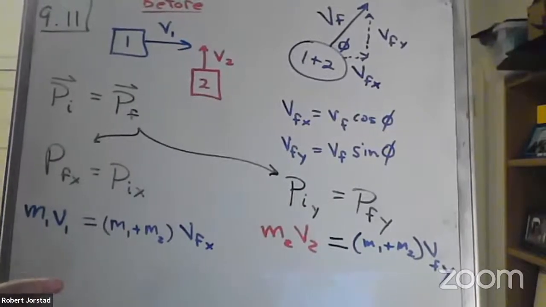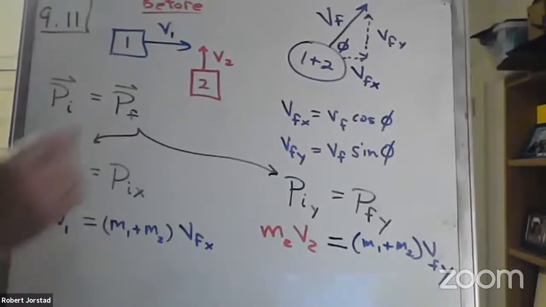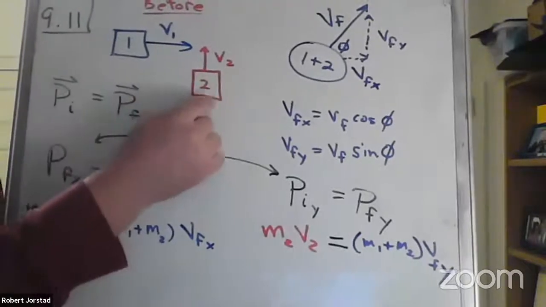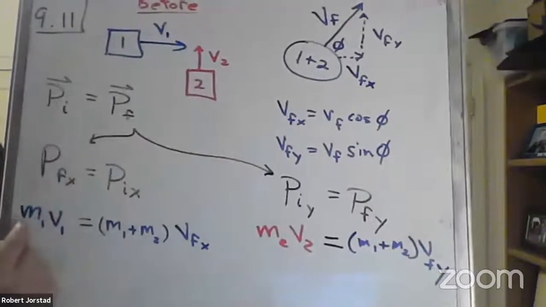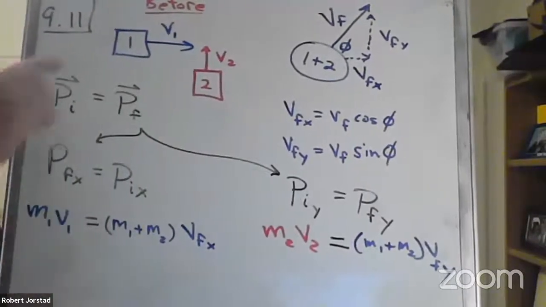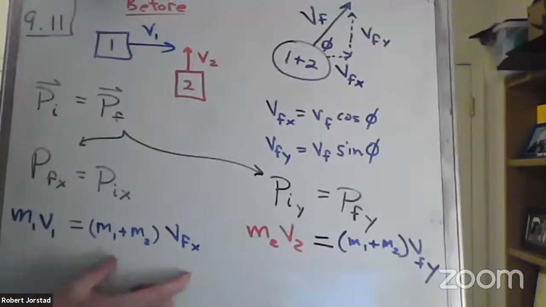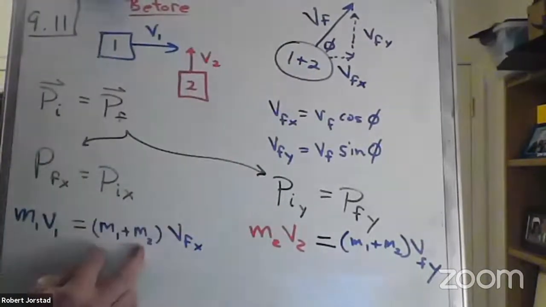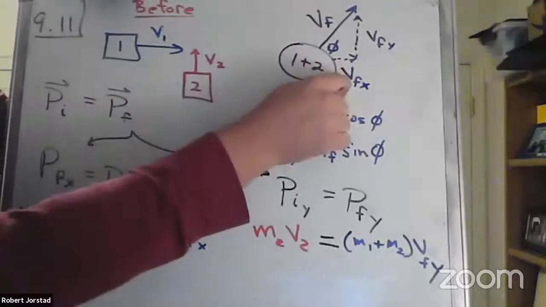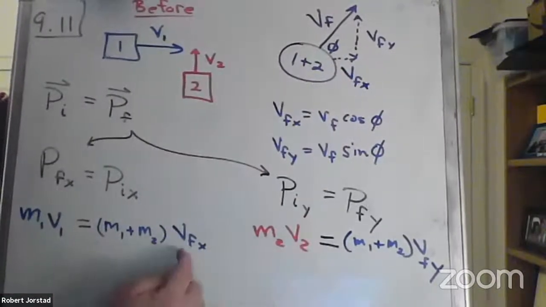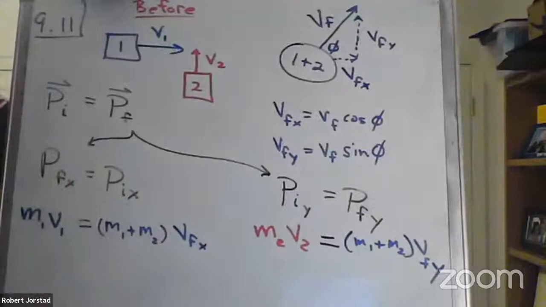The idea here is in the X direction, there's no contribution from number 2, the red one. So I just get M1 V1 because all of it's there. And then in the end, I have total mass times V final in the X. Here, if I needed to, I could plug in V final cosine phi.